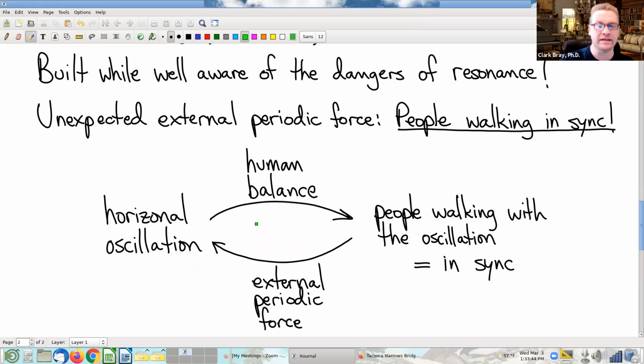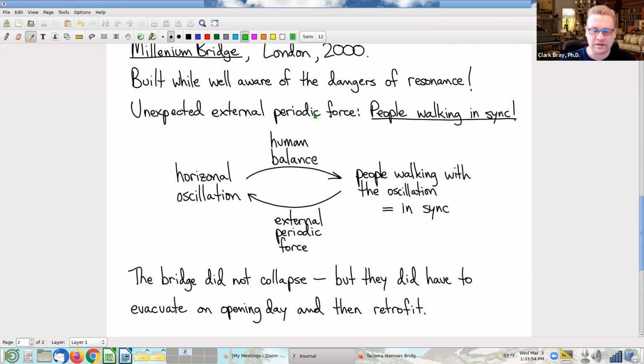But the point is, this got started going, and the oscillation got more and more and more. And again, eventually they did have to evacuate the bridge. So on opening day it was evacuated, and then they had to spend months retrofitting the bridge. First figuring out what in the world just happened. Where did this external force come from? They eventually figured it out, and then did the retrofitting.